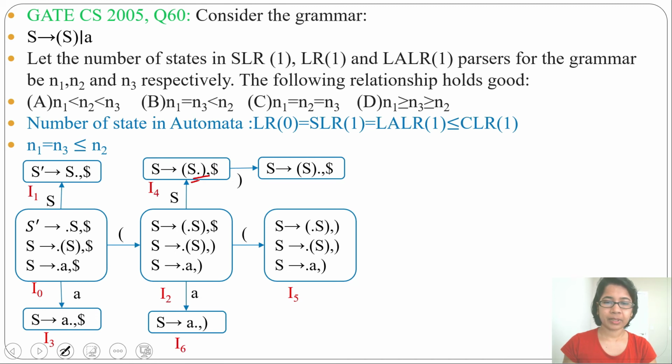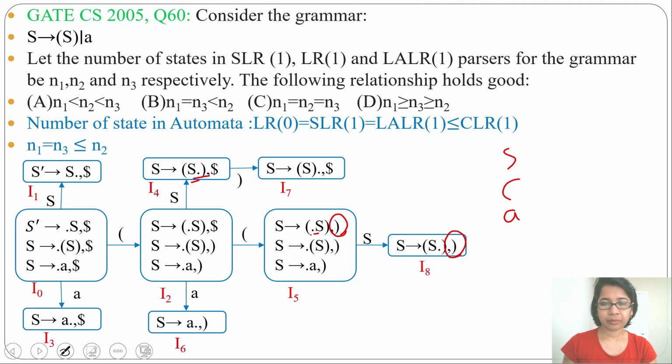Next check for I5 state. In I5 state there is a dot before S, before start bracket and before A. So there will be three transitions. First, by S, it will go to another state where the LR1 item will be S derive start bracket S dot end bracket, and here look ahead was end bracket, so here also look ahead is end bracket, and we'll assign one state name I8.